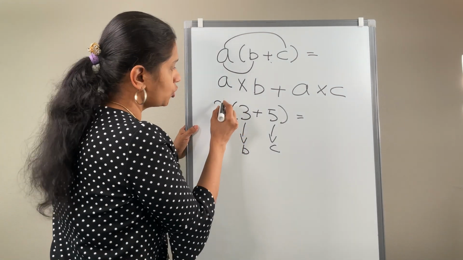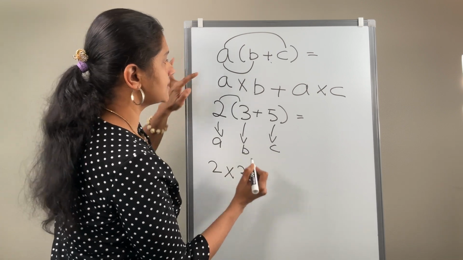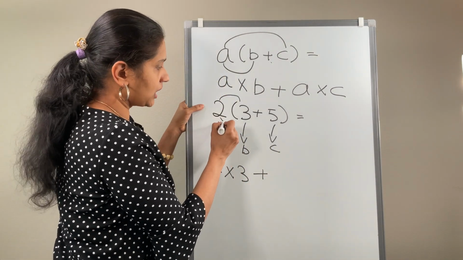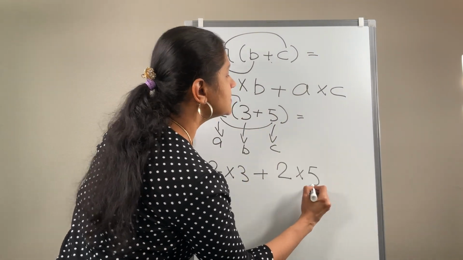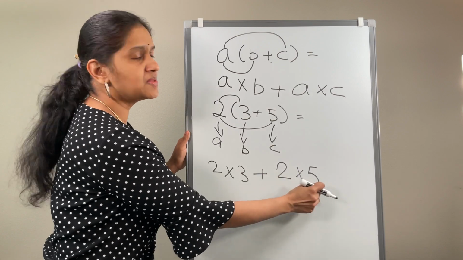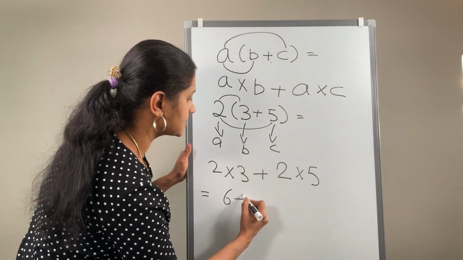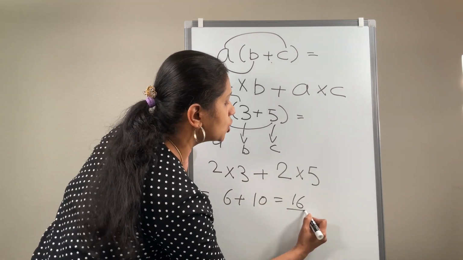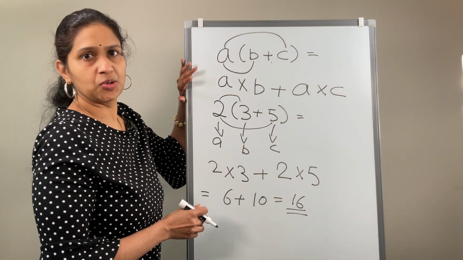Multiply 2 times 3, that is A times B, plus 2 times the second number, 2 times 5, that is A times C. That is going to be equal to 2 times 3 is 6 plus 2 times 5 is 10, that is going to be equal to 16. This is how you have to evaluate the expression using the distributive property.